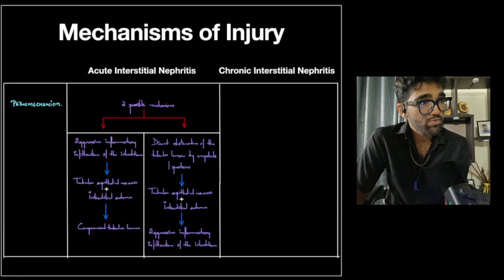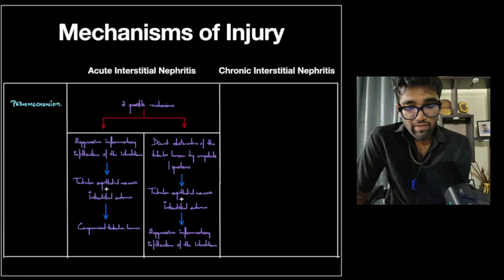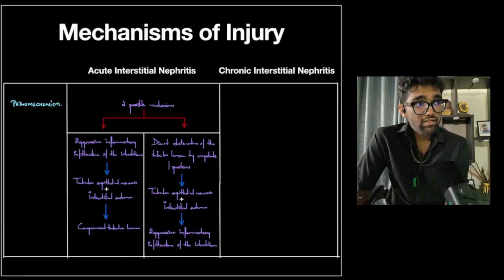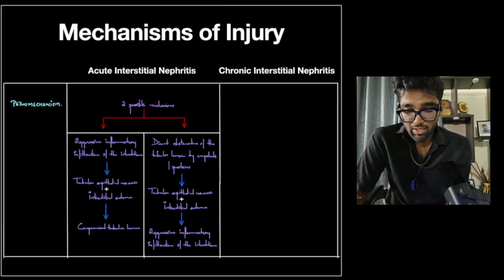Similarly, you could have direct obstruction of the tubular lumen by crystals or in some cases proteins that get coagulated within the lumen of the tubule. Then you could have tubular epithelial necrosis and secondary tubular edema. But again, this is an inside out process rather than an outside in process.